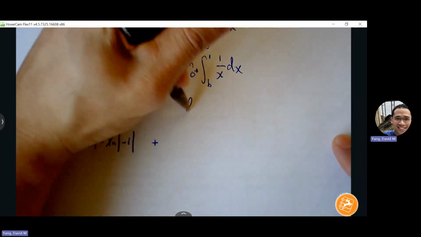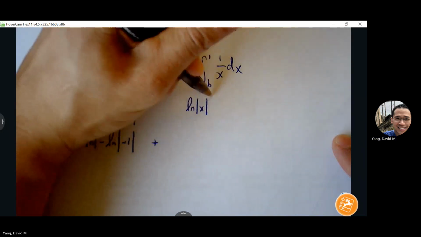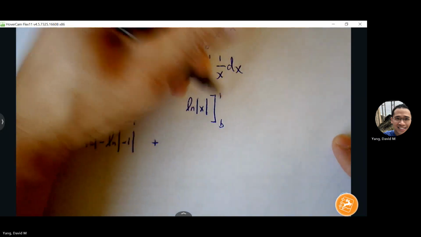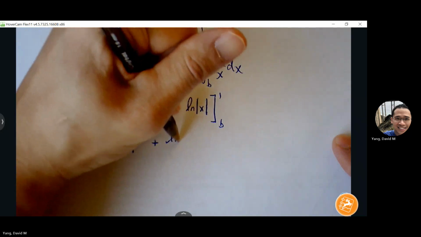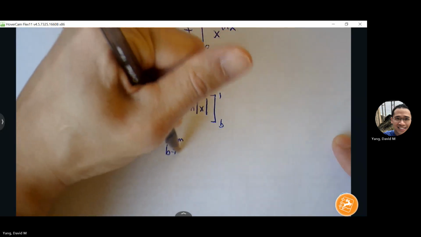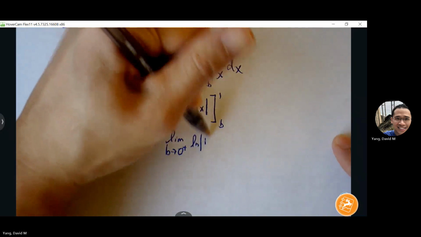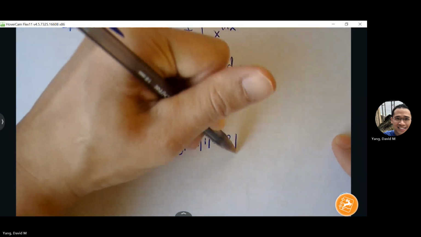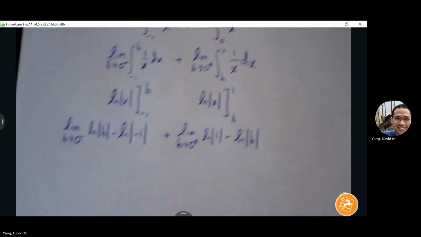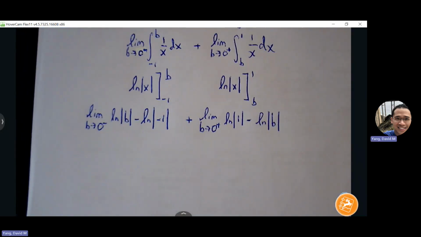Same thing, right? Natural log of the absolute value of x. All right, good so far.